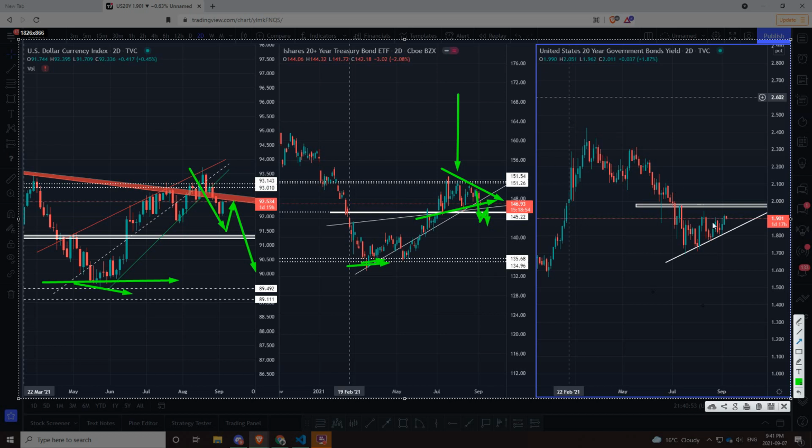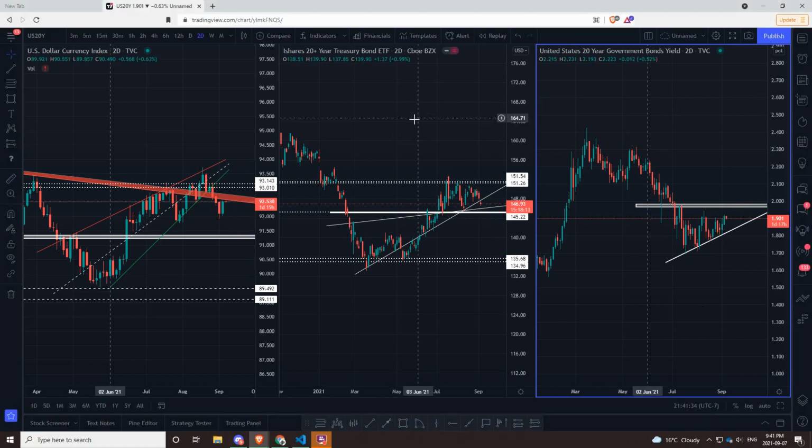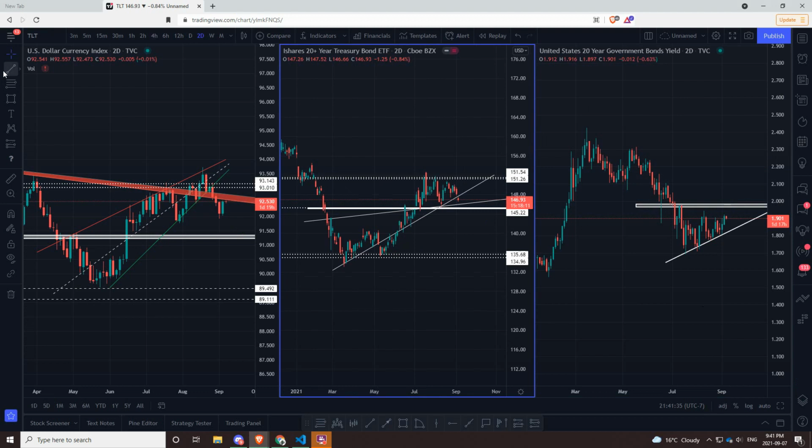And ideally, that's what we're looking for. And then, if this does come into fruition, you're going to see something like this for the yields, because if this is going down, ideally, in our bullish case, we are going to be seeing the yields rise for the government bonds there. And it does look like it's coming into fruition here.